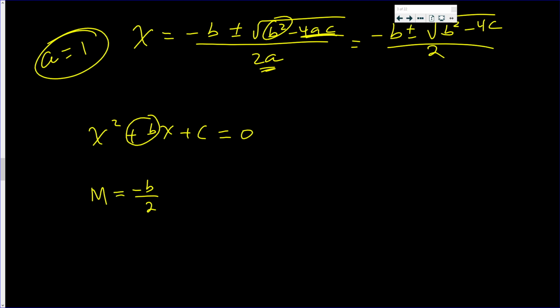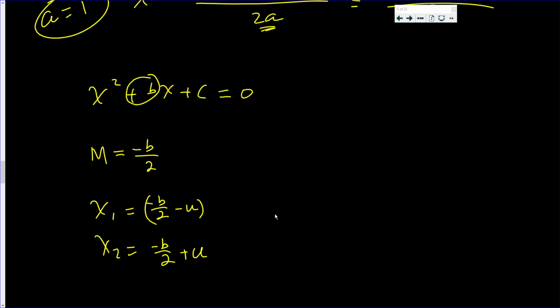That's the midpoint. So one answer, x1, is going to be m minus u, and the other root is going to be m plus u.